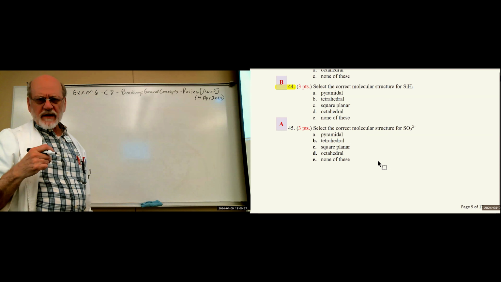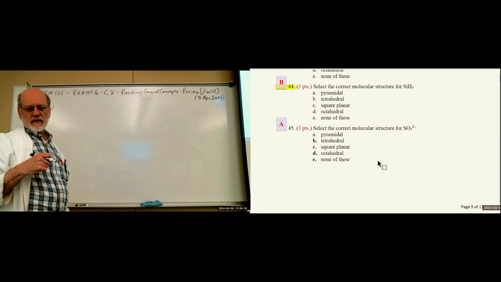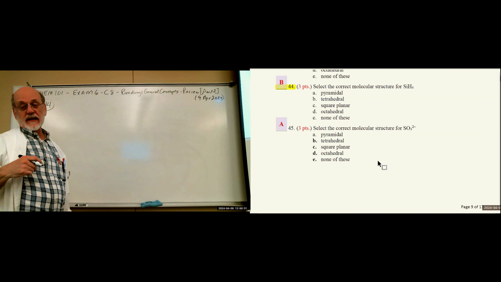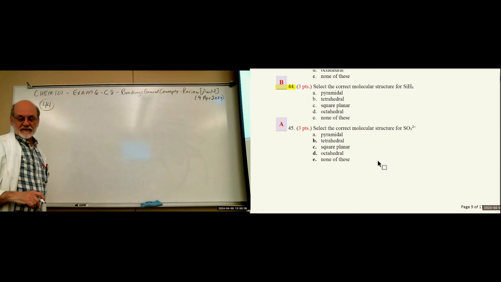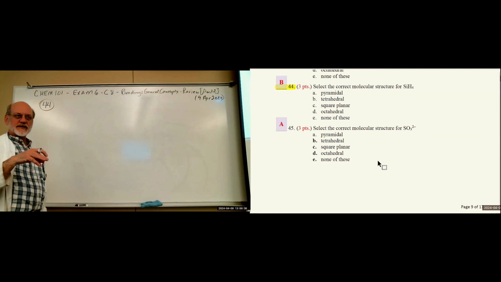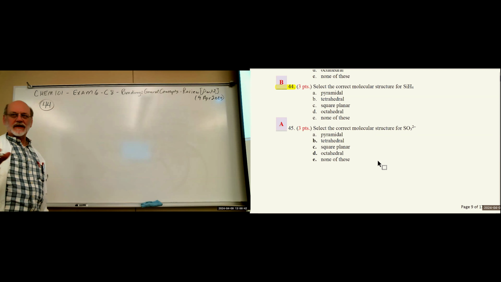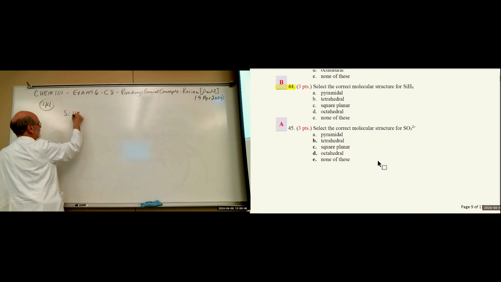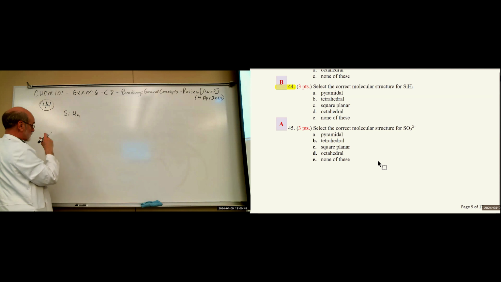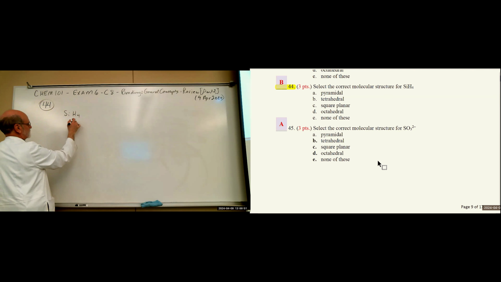Okay, select the correct molecular structure for, let's see, there's a special name for that one, silane. Right. Methane is CH4, SiH4, silane. So actually we could draw this one. Well, let's do the whole thing. We got 4 electrons here.